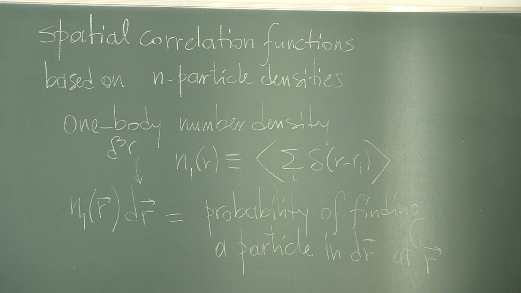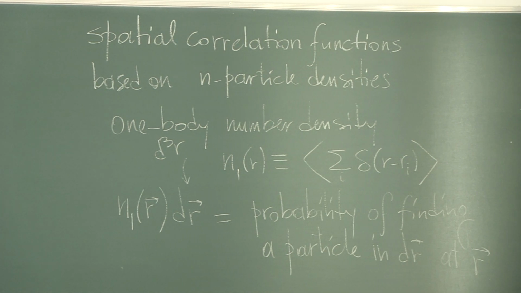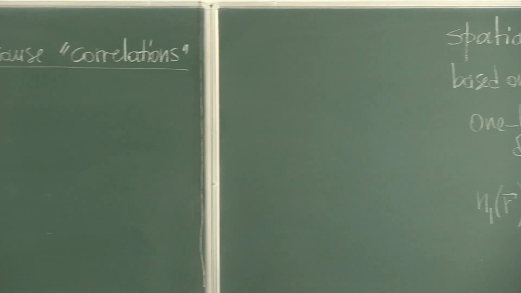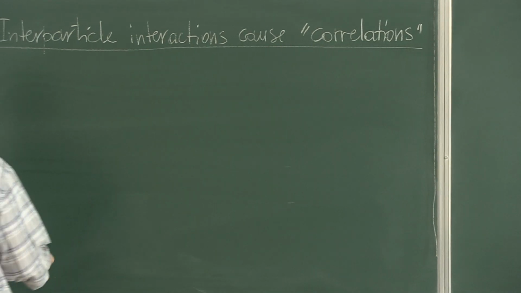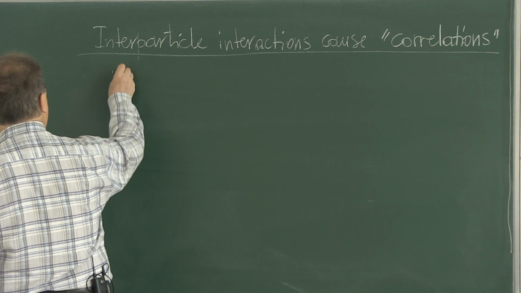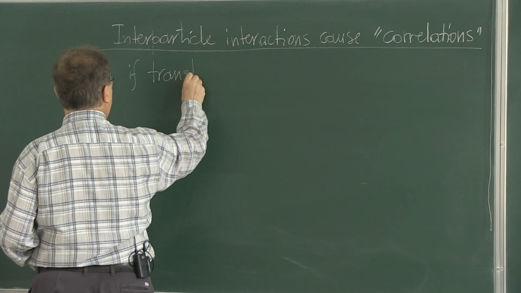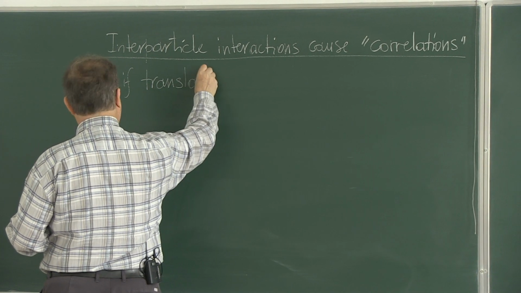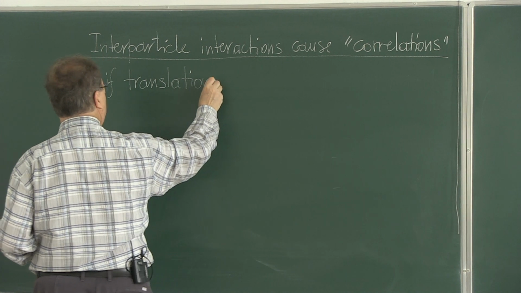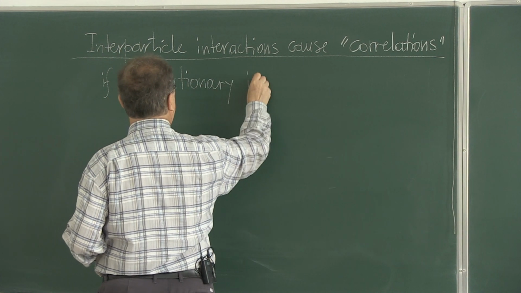Now let's go to the two-body pair distribution. But before going to that problem, what happens to N1 if the density is uniform? Before that, let's go to a translationally invariant system.